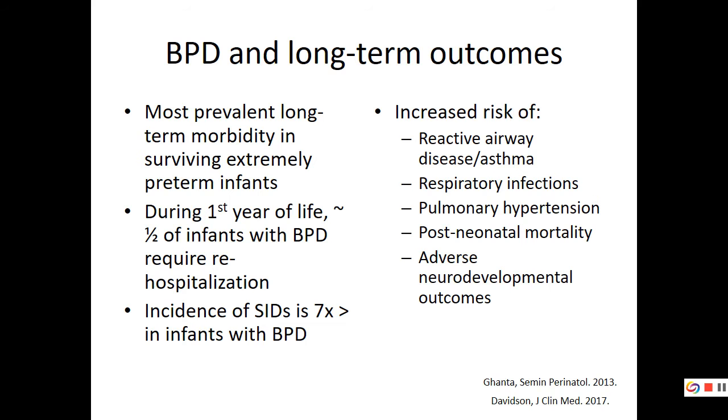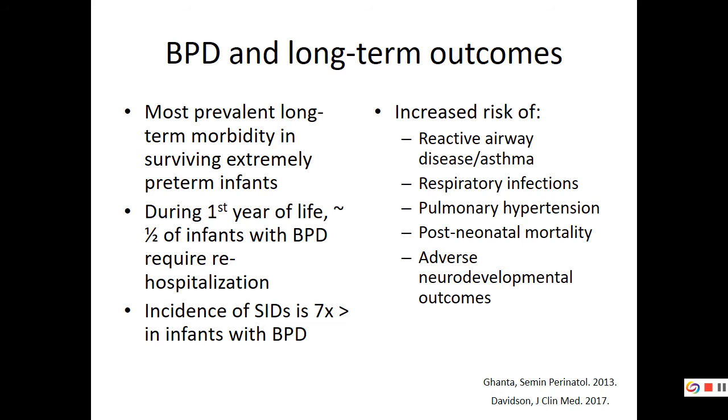Long-term outcomes with BPD. It's the most prevalent long-term morbidity in surviving extremely preterm infants. During the first year of life, about half of these babies will require a rehospitalization. The incidence of sudden infant death syndrome is about 7 times higher.